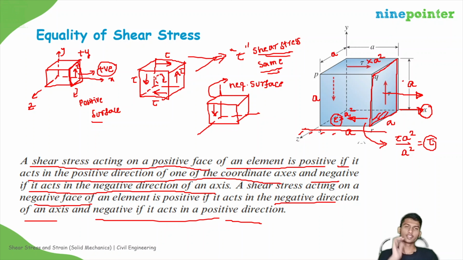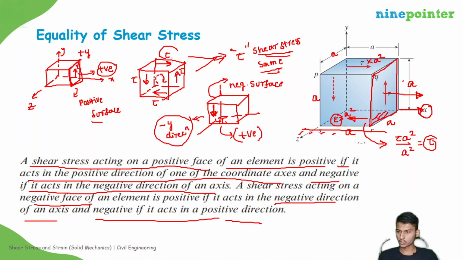So for a negative surface, the shear stress is positive if it is in the negative direction. The shear stress direction is negative. So see, this is the negative y direction, right? So again, the tau over here is positive. Similarly, these two are also positive.